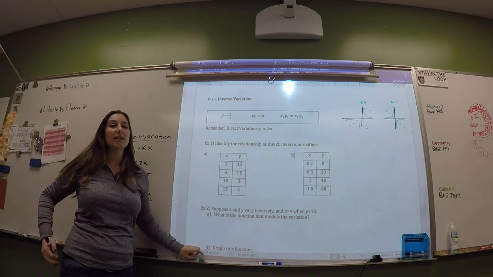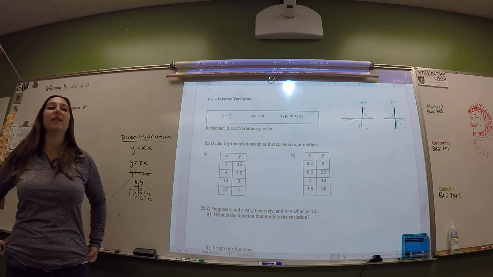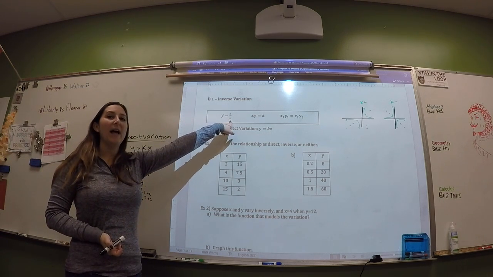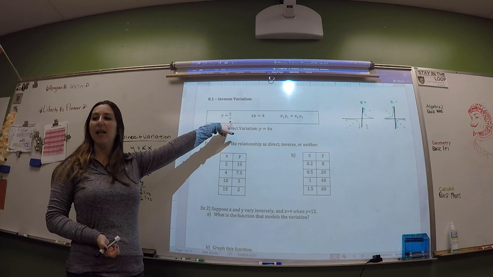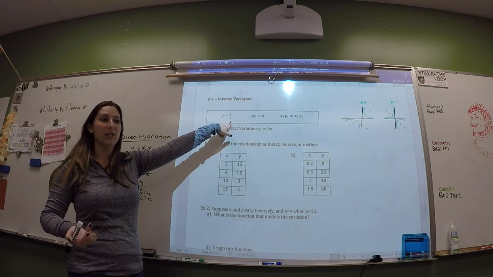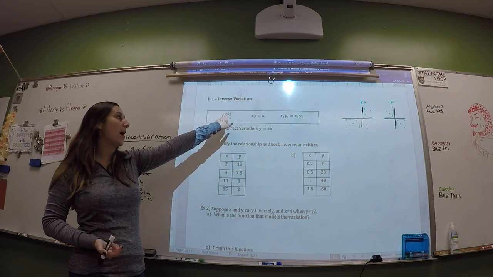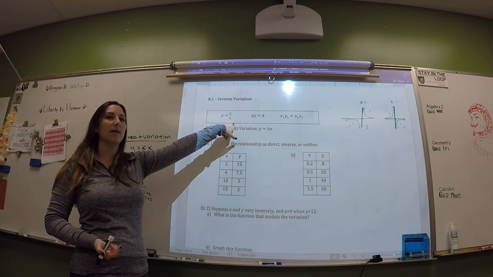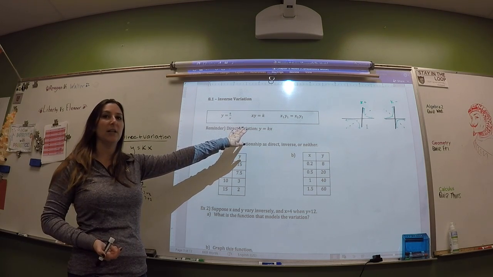The reason it does that is because the function's going to have asymptotes. If I have x down here, then that's posing some restrictions on my domain. I'm not allowed to divide by 0, so that means that x can never be 0 in an inverse variation function.